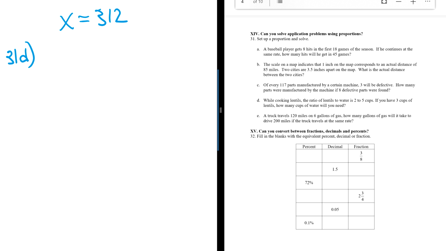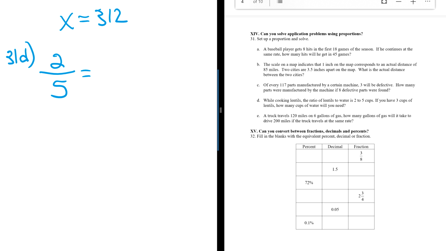31D. While cooking lentils, the ratio of lentils to water is 2 to 5 cups. If you have 3 cups of lentils, how many cups of water will you need? All proportions, right? 2 to 5. That's the lentils to water. Lentils is the 2. And if you have 3 cups of lentils, how many cups of water will you need?